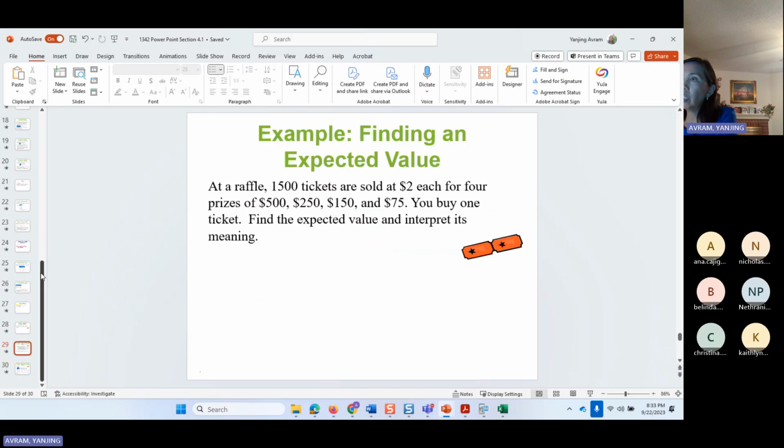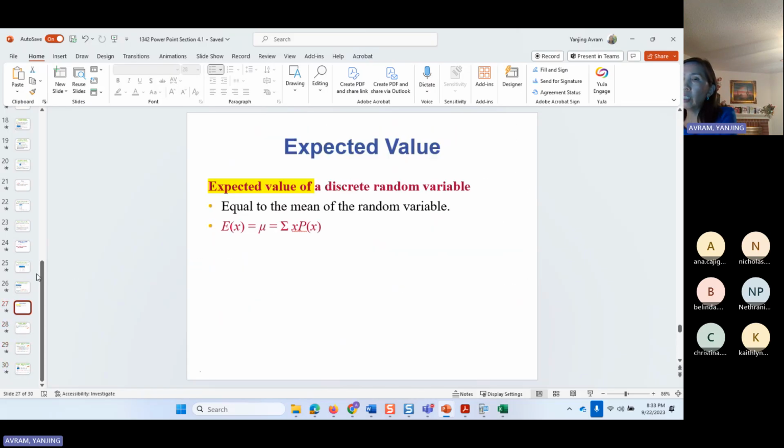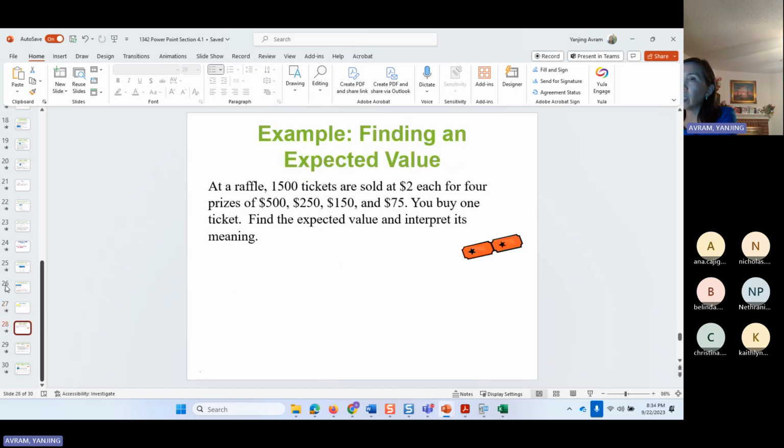All right, so the expected value is most of the time used in a lottery ticket. So look at this one right here. This is an application for the mean of a discrete variable, called the expected value.